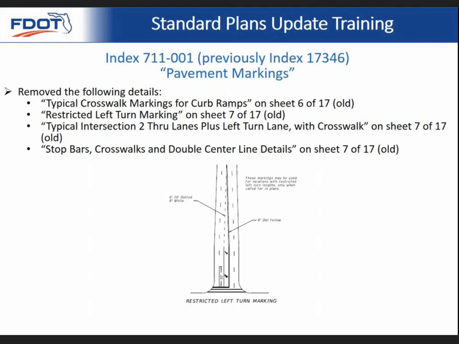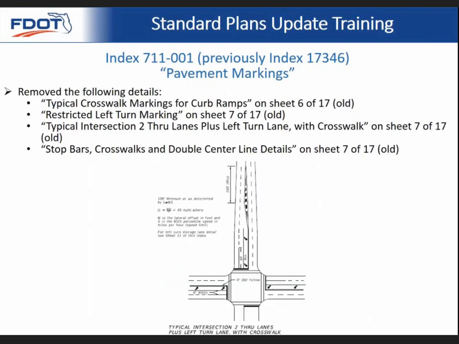These are not necessarily reflecting our current practice for how we design roadways, and there is very limited information as far as how these are different from what we typically do. That is true for this typical intersection 2 through lanes plus left turn lane with crosswalk.